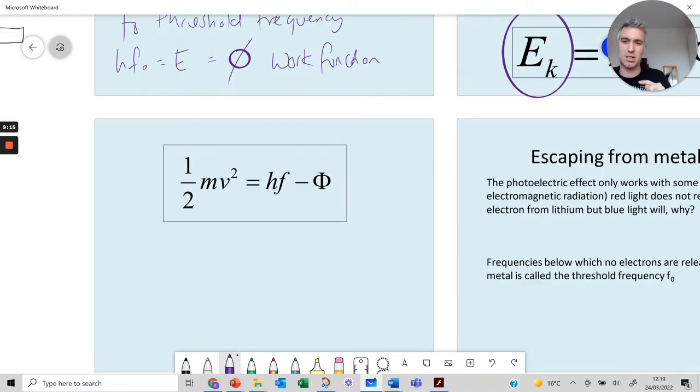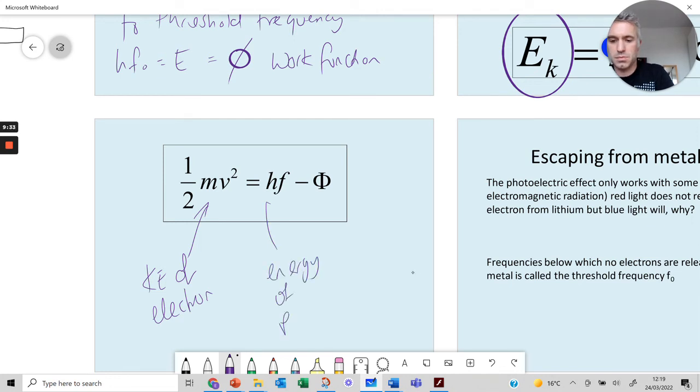So another way to write this is the kinetic energy of an electron is equal to the energy of the photon minus the work function.